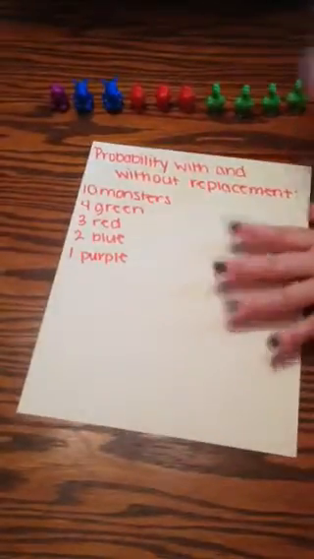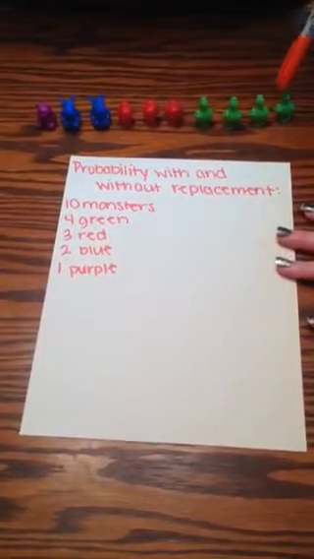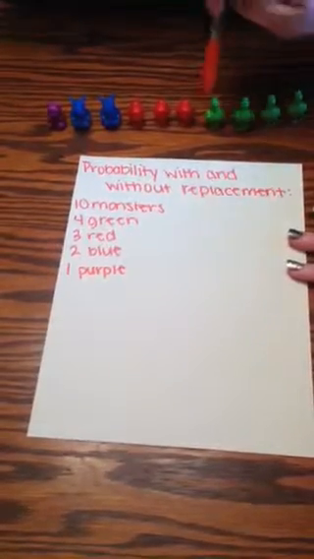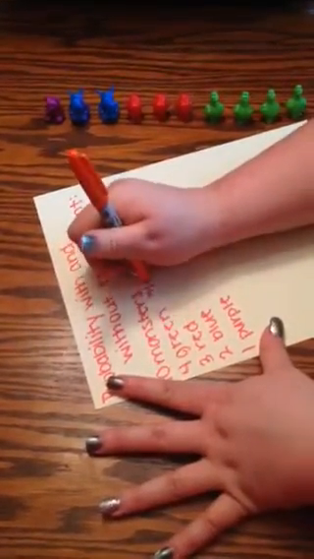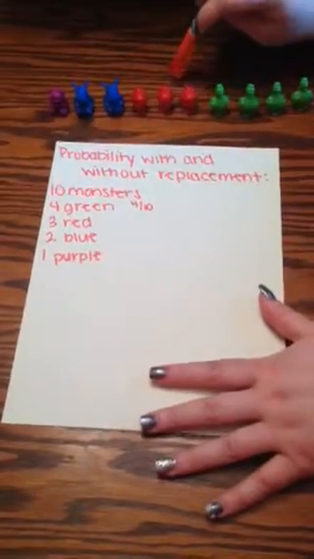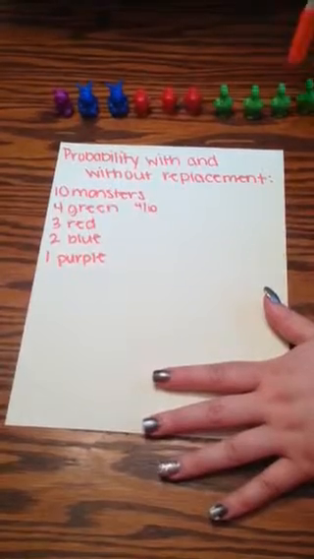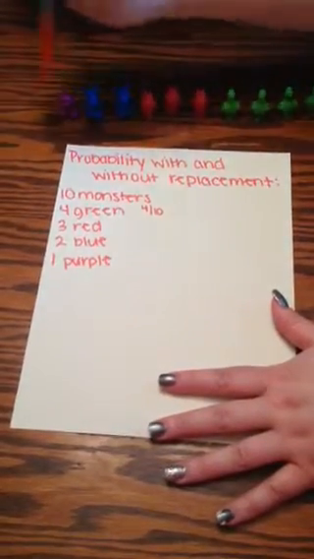Now, the probability as of right now of getting a green monster would be 4 out of 10. So we will write that right here. The probability of getting a red would be 3 out of 10.